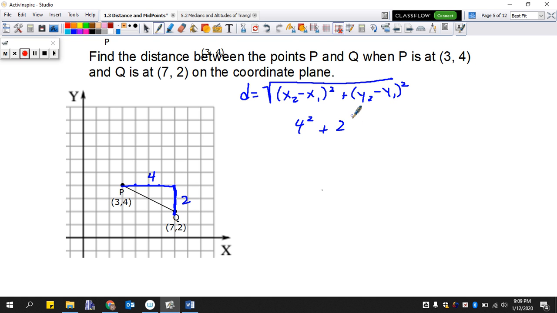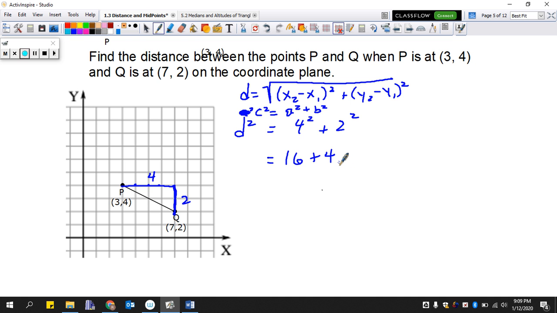So when we do that, d squared is 16 plus 4, and we end up with d squared is equal to 20. Take the square root of that, and we can see that this cancels with this, and d is equal to the square root of 20.